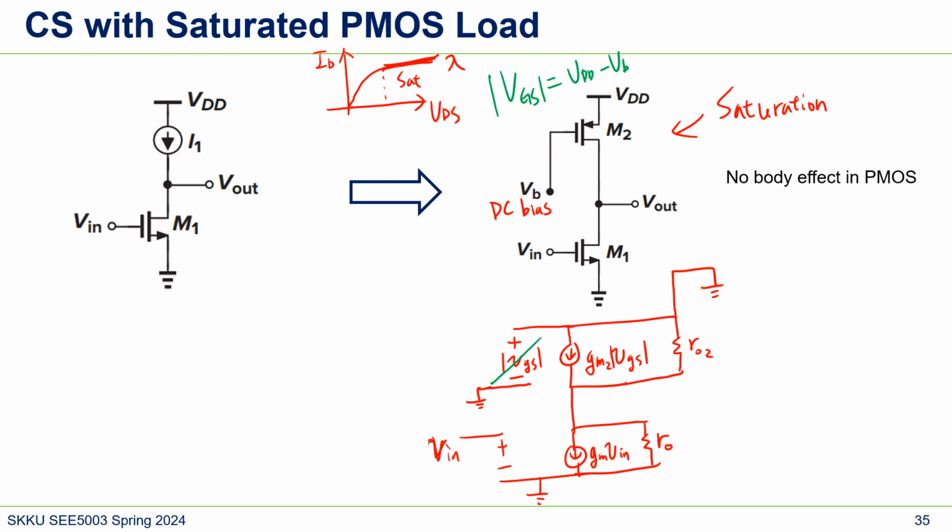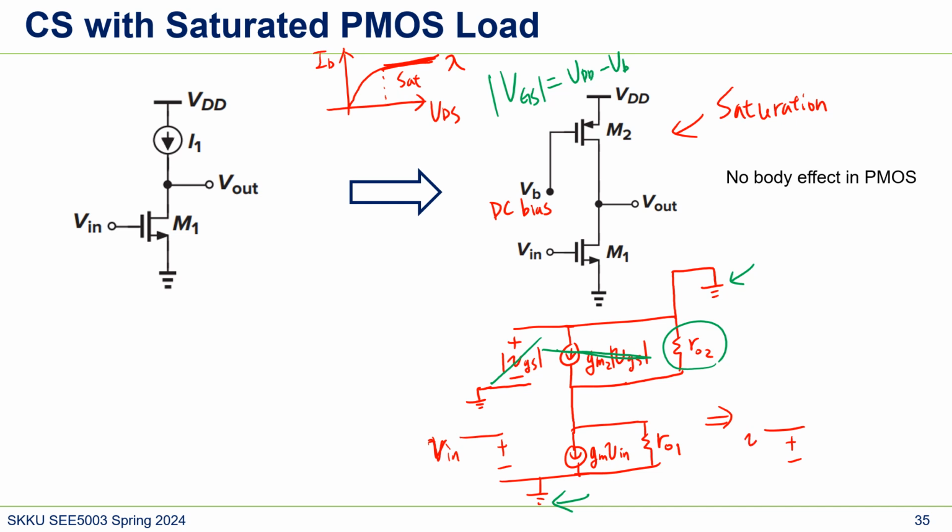So we just ignore this, and we only have ro1 and ro2. And you see that there is ground here, and here is also ground. This is also ground.